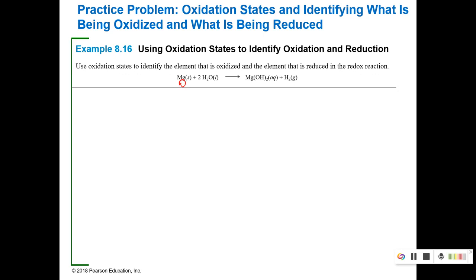Okay, so these 2 are 0. Hydrogen's +1. Magnesium's +2. Oxygen's -2. So you're looking for what changed. So magnesium went up and hydrogen went down.